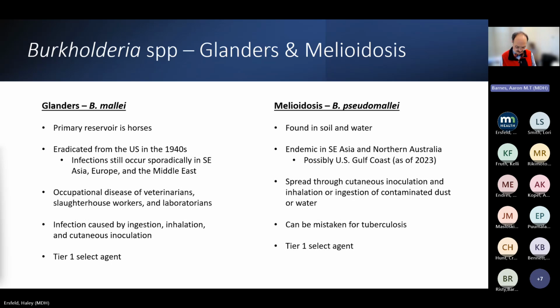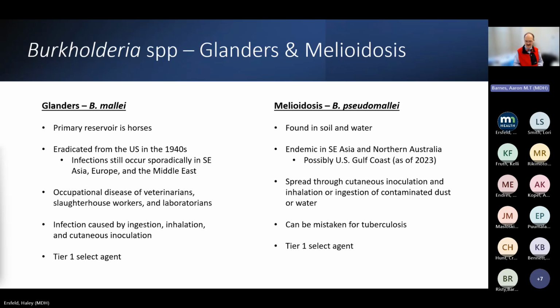These used to be, they still are pseudomonads. They used to be part of the Pseudomonas group. So glanders is Burkholderia mallei. This is an organism that is primarily a disease of equine populations, so mostly horses. It was eradicated here in the US 85 to 90 years ago. We still do see cases internationally that pop up, primarily in Southeast Asia, Southern Europe, the Middle East.